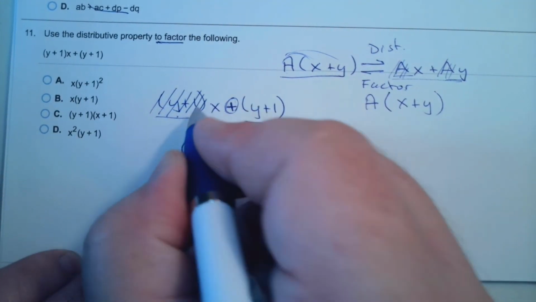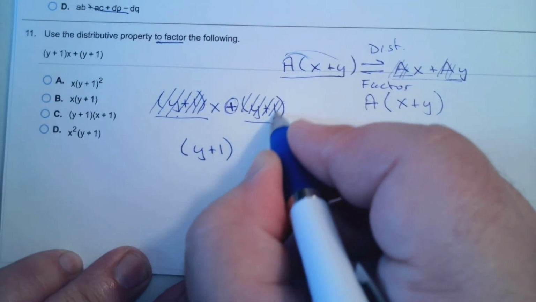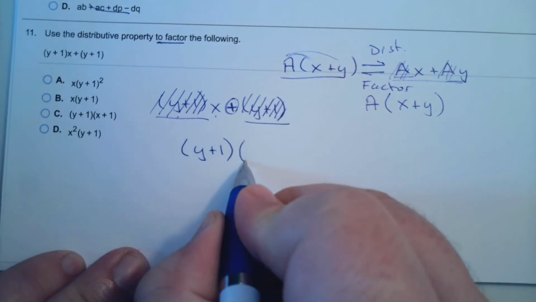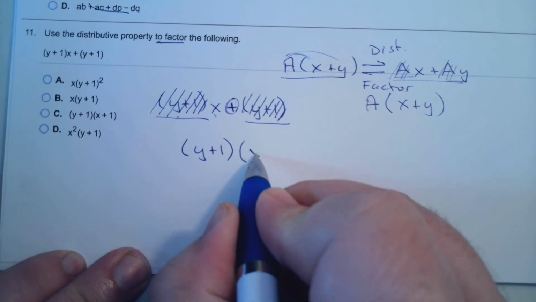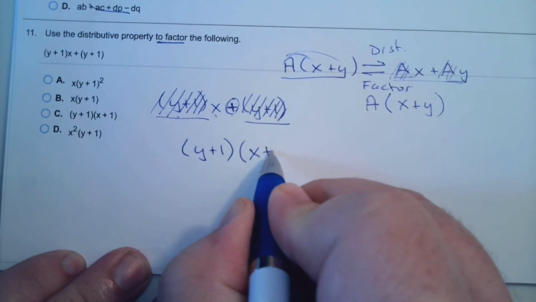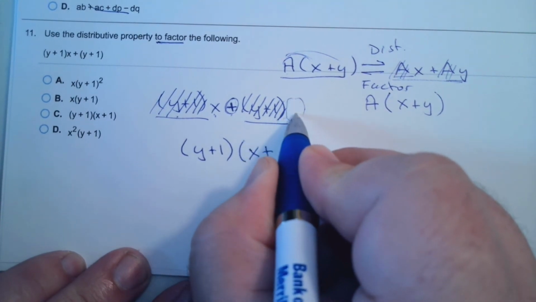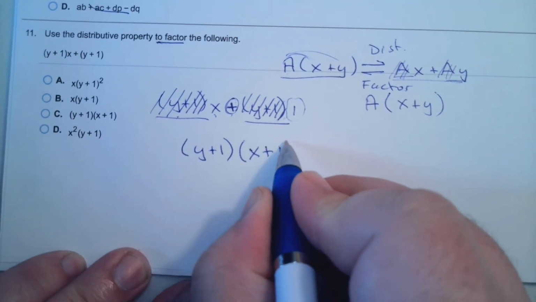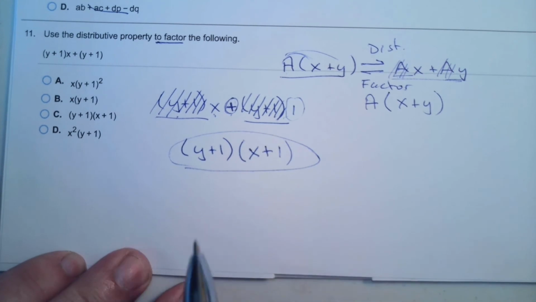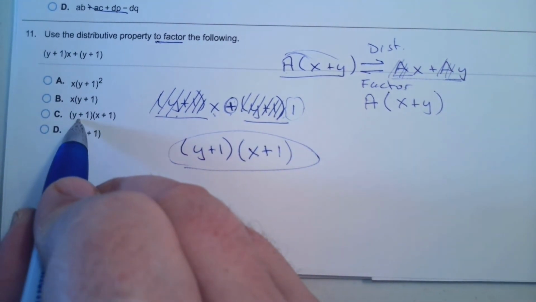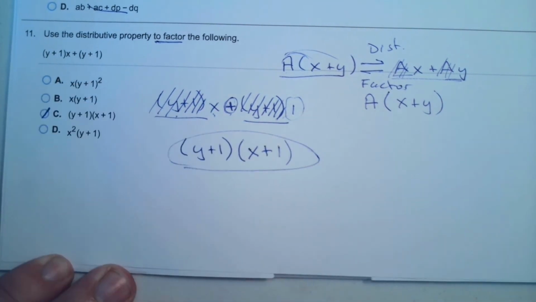So if I remove these y plus 1s, what do I have left? And this goes inside the second parentheses. X plus, well, there has to be a number. If there's no number, it's automatically a 1. And there's the factored form. So it's (y plus 1)(x plus 1), it's C.